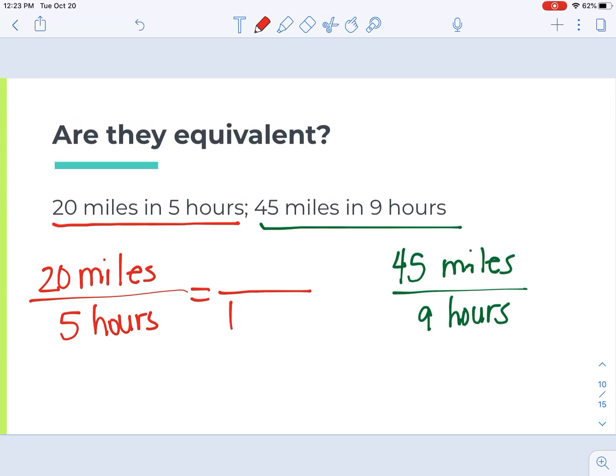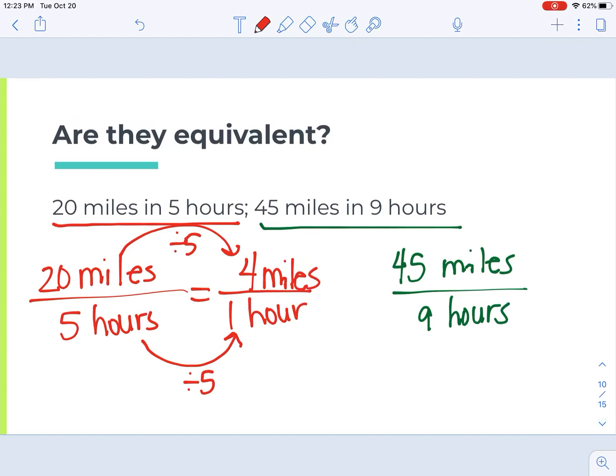The unit rate is out of 1 always. How many miles did that person go each hour? All right, so I'm trying to get down to 1, so I know I'm dividing by 5. 20 divided by 5 is 4 miles. That person is going 4 miles in an hour.